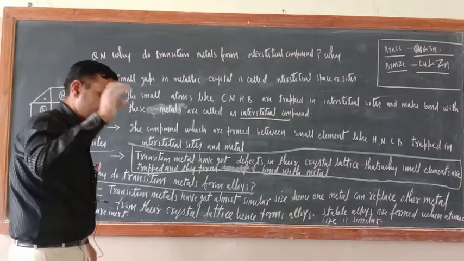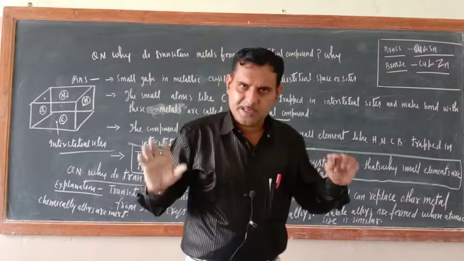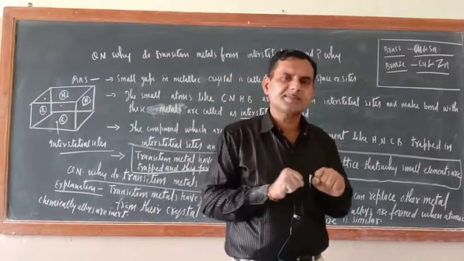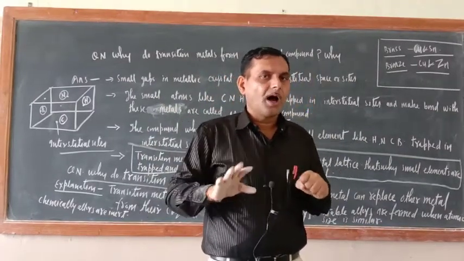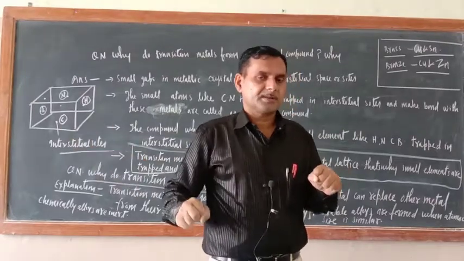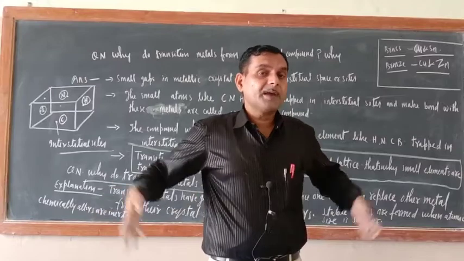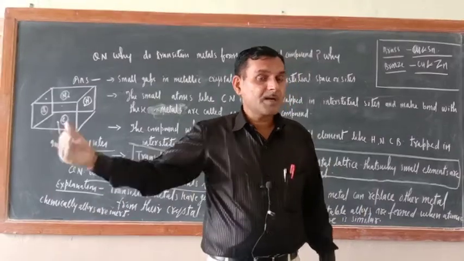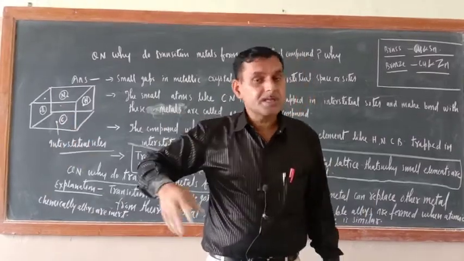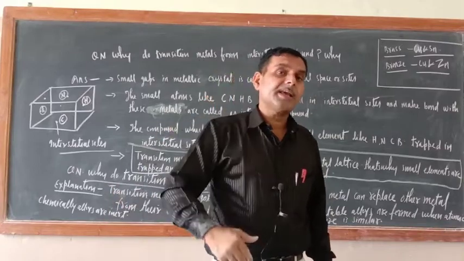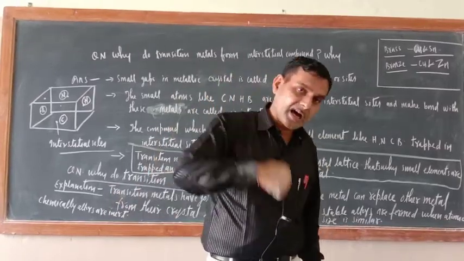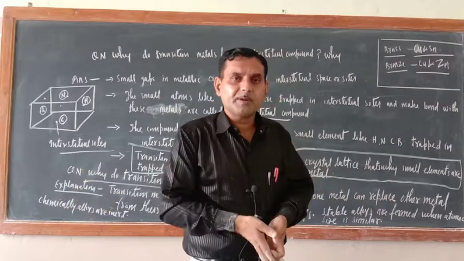Suppose I occupied this space. Now another fellow is coming who is heftier than me, so he may not be accommodated here, but one person who has the same body features as I have can very easily be accommodated here.